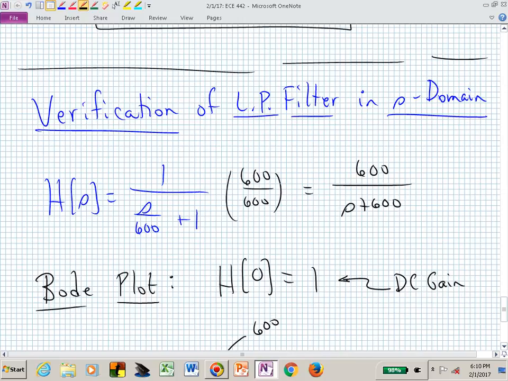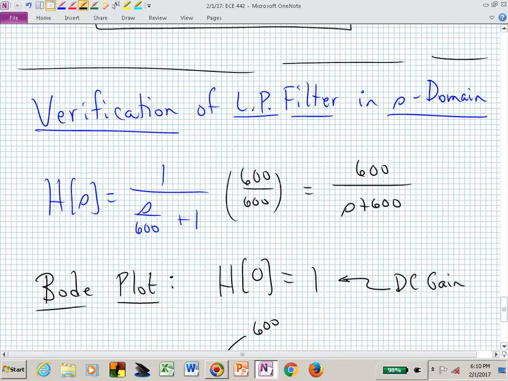At high frequencies, what's the phase? Now I'm really looking at H of j omega, where I'm replacing s with j omega, and now I want omega to be really, really big, so that now that dominates in the denominator and it really swamps out the numerator. What's the phase of the numerator factor? What's the angle of 600? 0.